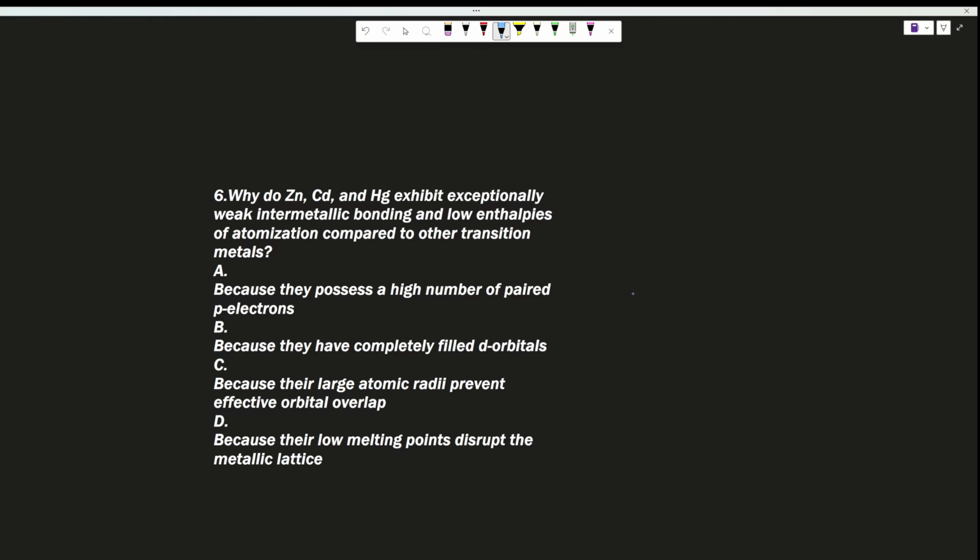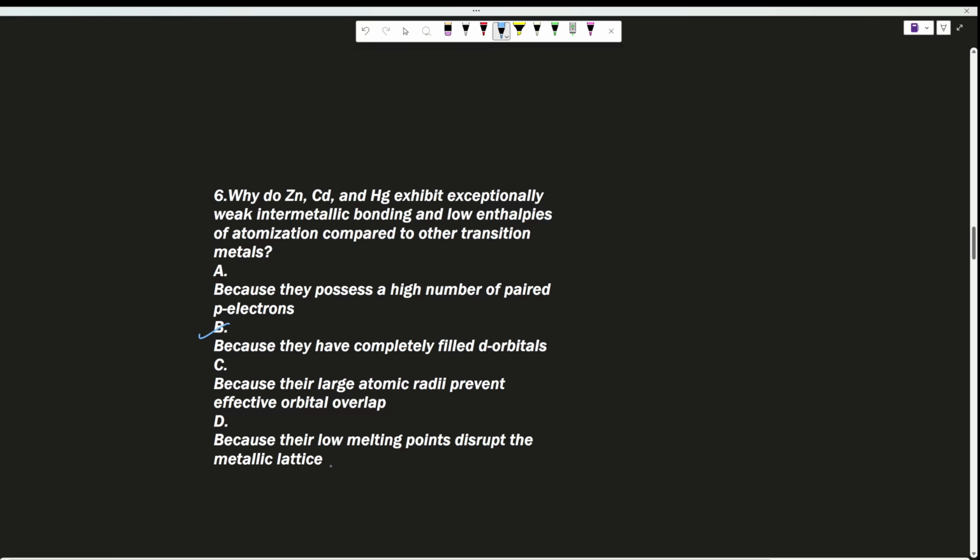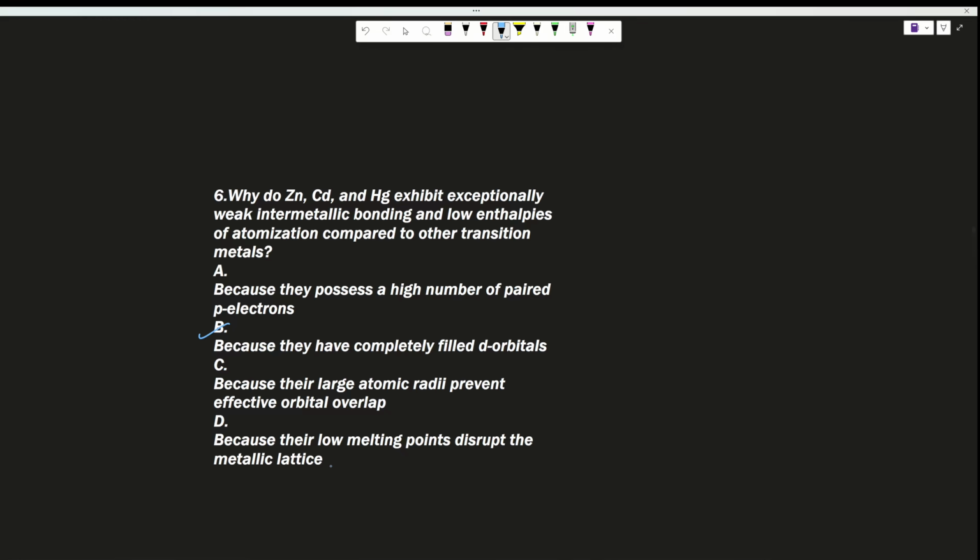When the d orbitals are completely filled, there are no unpaired electrons, so the bonding will be weaker. If the bonding is weaker, it is easy to break their bond and hence they have low enthalpies of atomization. So it is all because of completely filled d orbitals. So here B is the right answer.